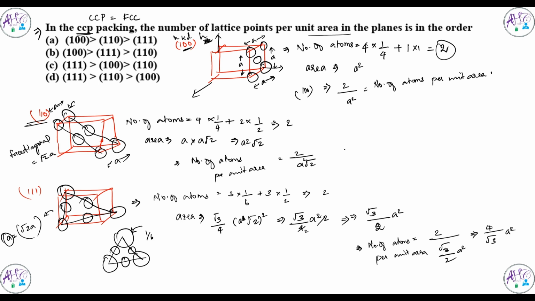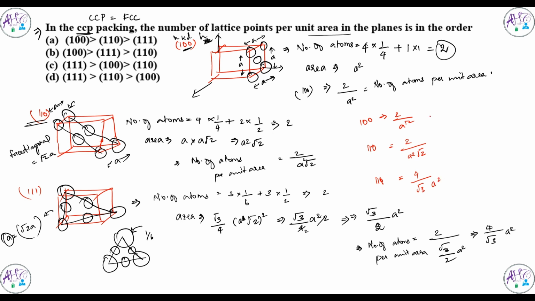Now simply we need to compare the values. So for your 100 plane the value is going to be 2 by a square. For your 110 plane it is going to be 2 by a square root 2. And for your 111 plane it is going to be equal to 4 by root 3 a square.